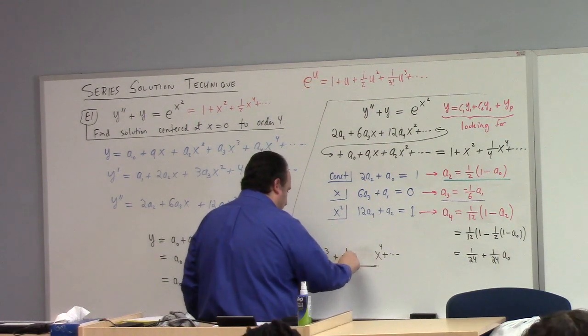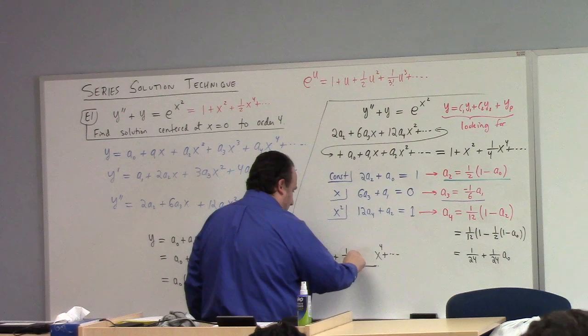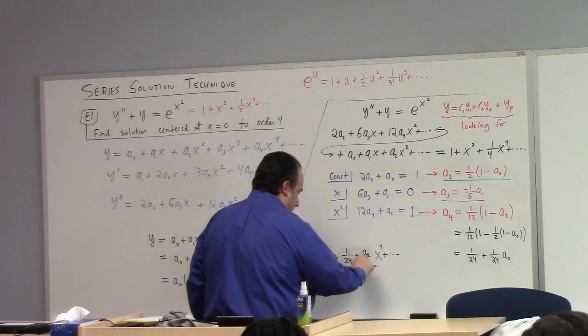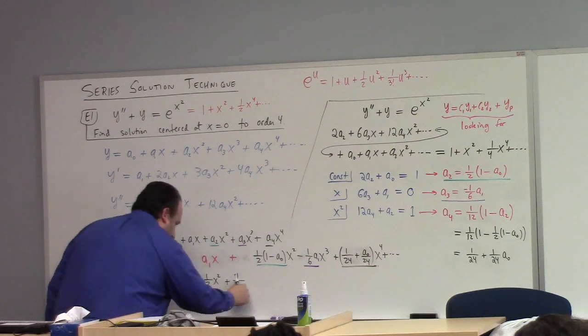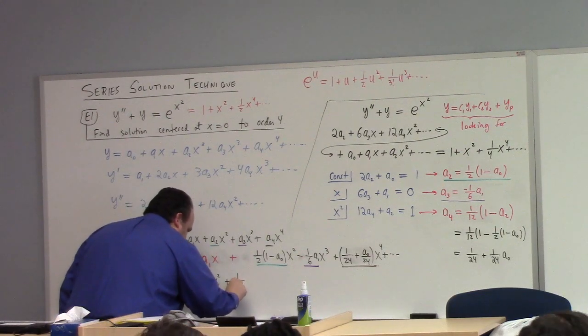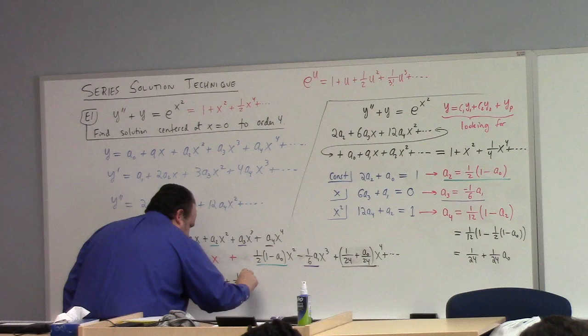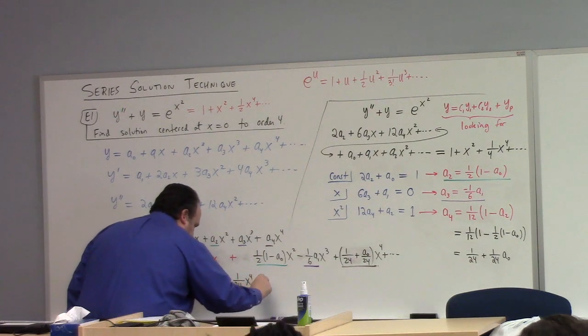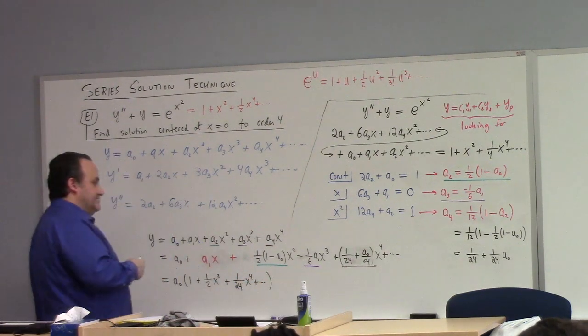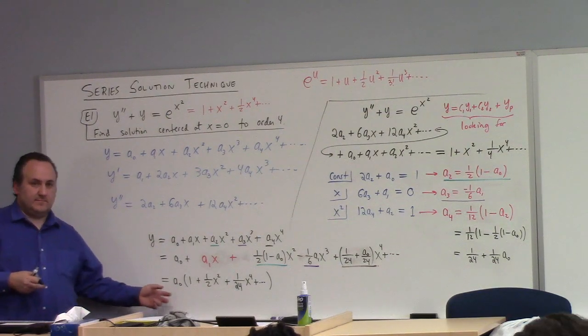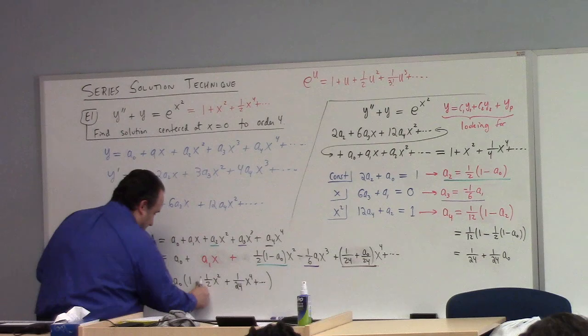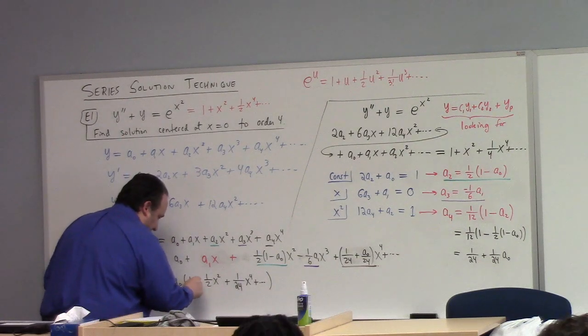So thank you. So I've got 1/24 plus a sub 0 over 24. All right. So this should have been 1 over 24 x to the 4th. And you guys tell me, there's another error I just made here. Can you guys tell me what it is? I'm factoring an a sub naught out. Minus 1/2 right there.